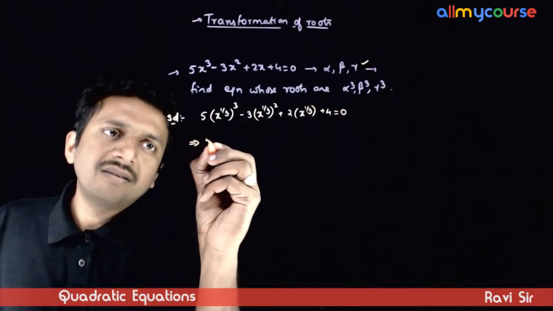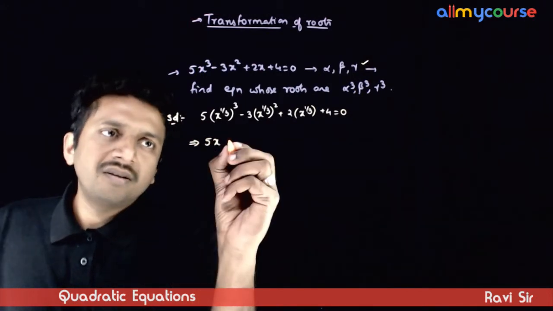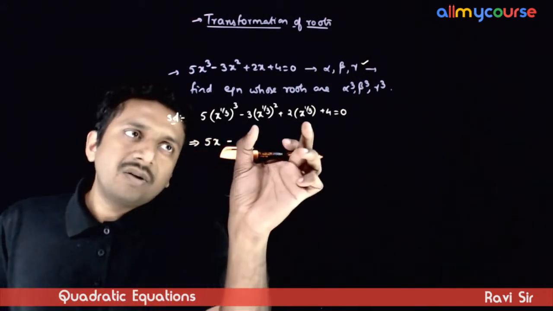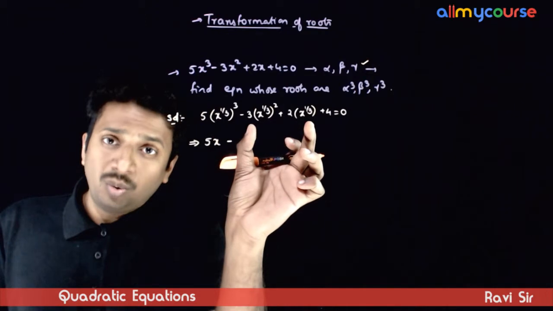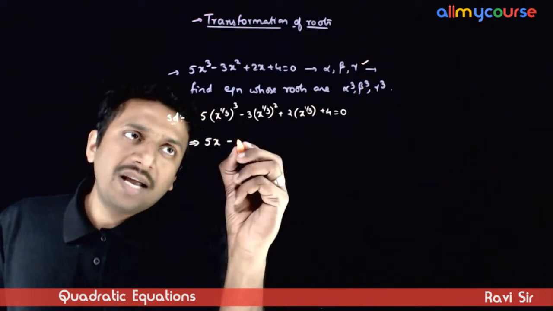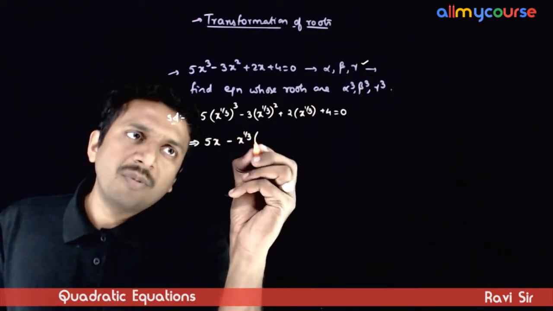This implies 5x − 3 (x^(1/3))² + 2 x^(1/3) + 4 = 0. So let us take these two terms. You get x^(1/3) as common.